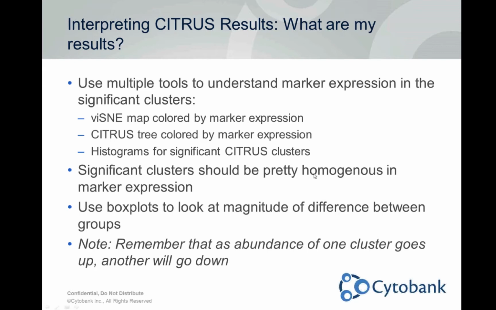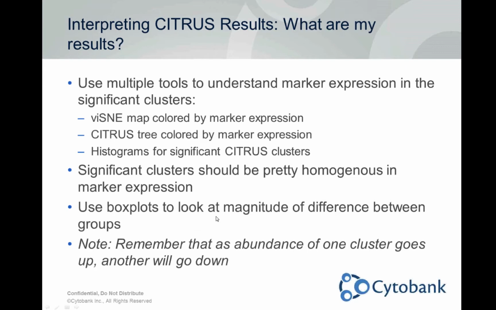You can see the Citrus tree colored by marker expression, so you can see how Citrus has decided to break apart your cells into cell types. And then histograms generated by Citrus for the significant clusters. You should ensure that the significant clusters generated by Citrus are relatively homogeneous in their marker expression. This is, again, making sure your results are consistent.